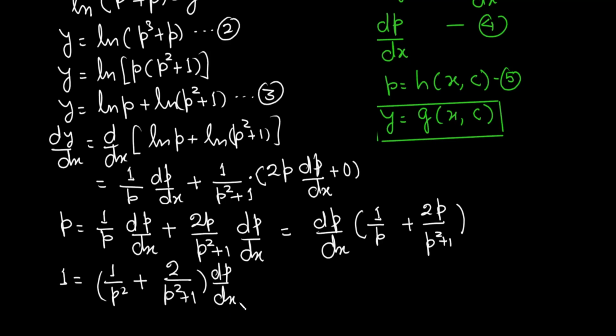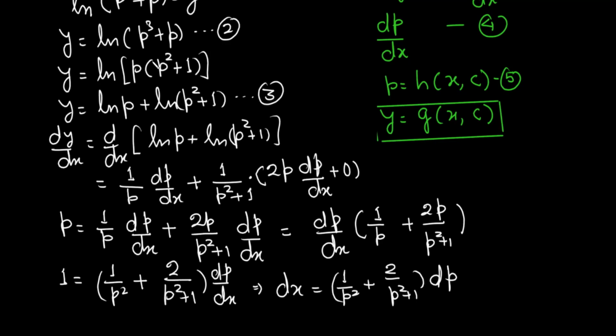And now we convert it into a separable equation. We take the dx differential on the left hand side. So this becomes dx equals 1 over p square plus 2 over p square plus 1 dp. This is our first order and first degree separable equation in p variable and x variable.